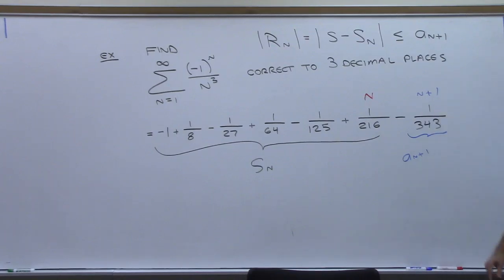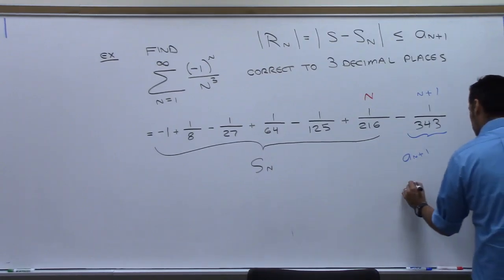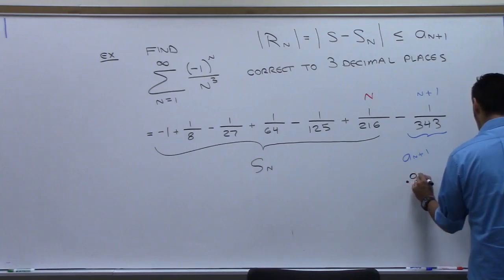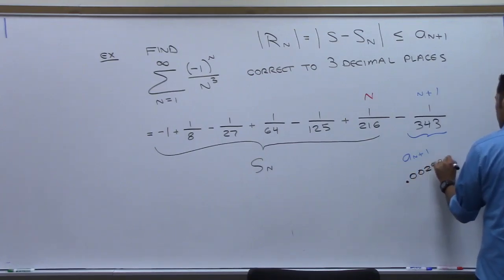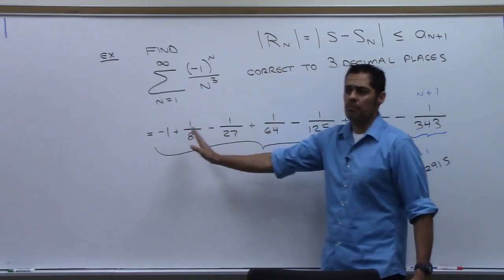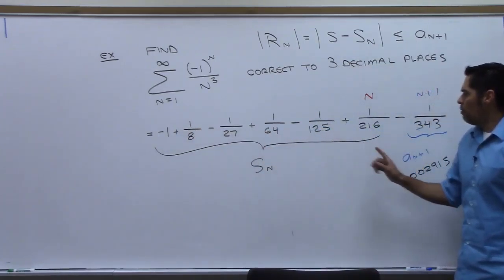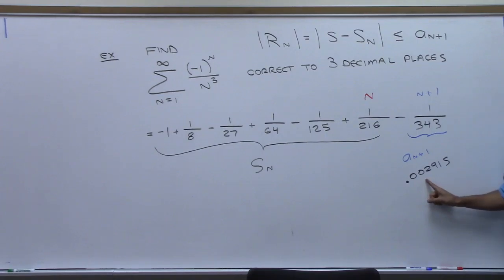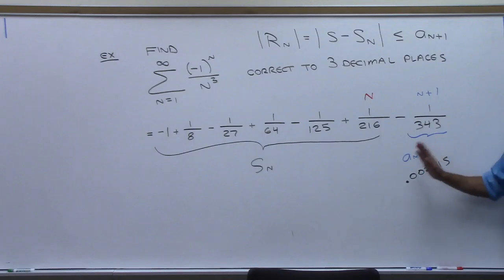Tell me, what's 1 over 343 as a decimal? 0.002915, right? Understand? What I can tell you right now is that this sum is within this much of the true sum so far. If I go out a little further, it's going to get even better.